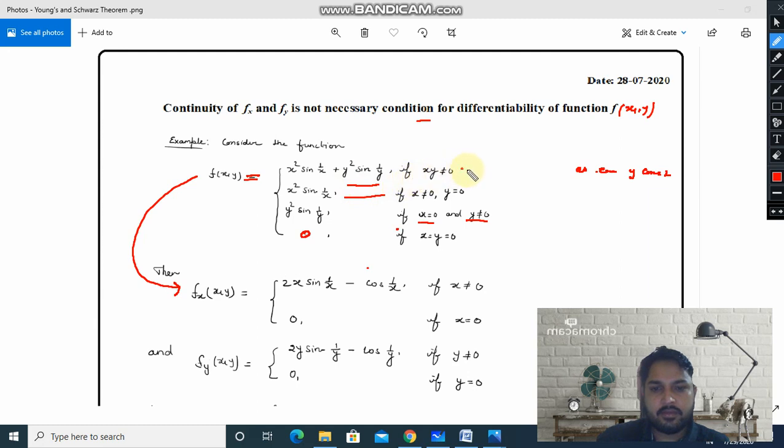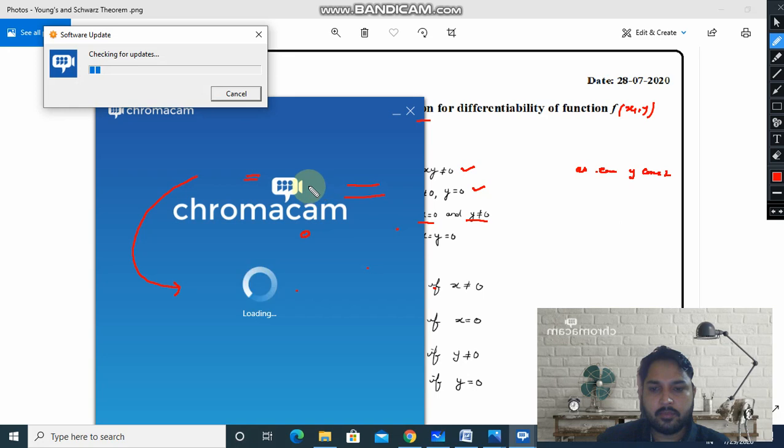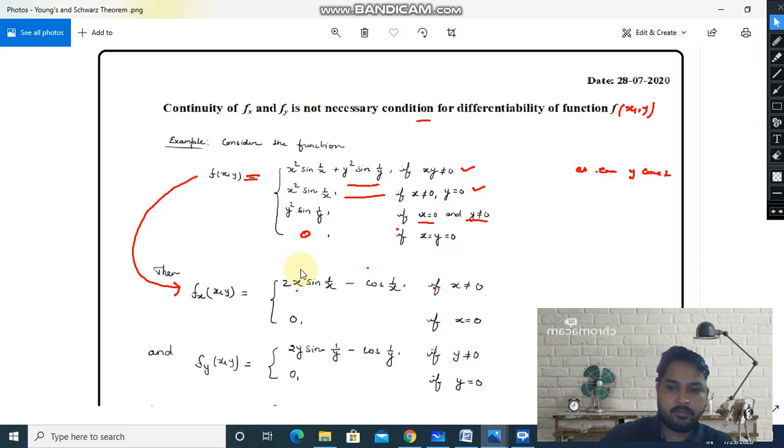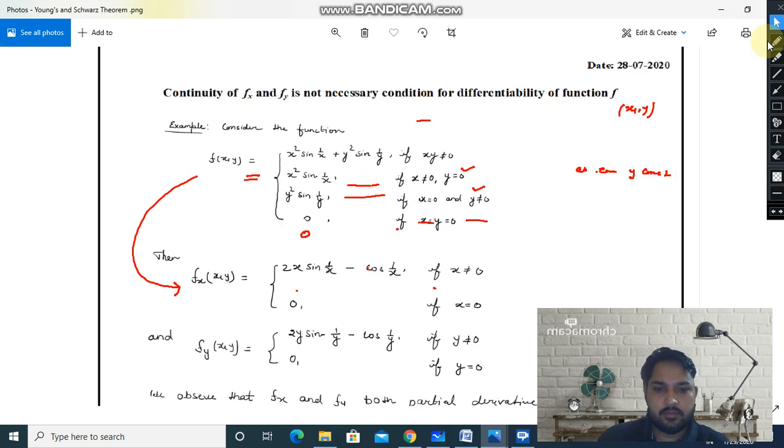So these two terms give us 2x sine 1 upon x minus cos 1 upon x if x is not equal to 0 here. And because this term does not contain the variable x, its partial derivative with respect to x will be 0. So from here we get the first order partial derivative of f with respect to x.